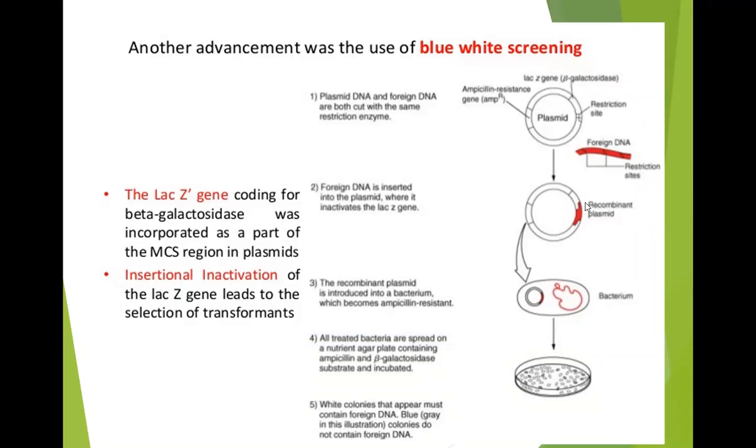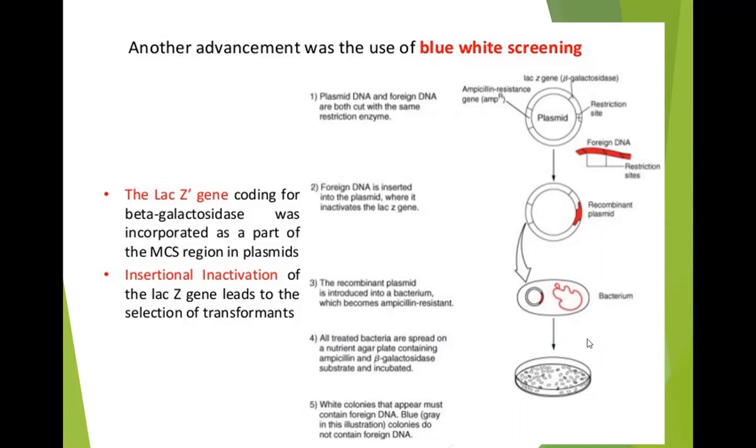Here also there is possibility for the recombinant plasmid and unaltered vector to be formed. When we allow the transformation to take place, both the unaltered vector and the recombinant DNA can be taken up by the bacterium, but you have to go for the selection. For the selection, we use a plate containing the substrate X-gal, and IPTG is also added.